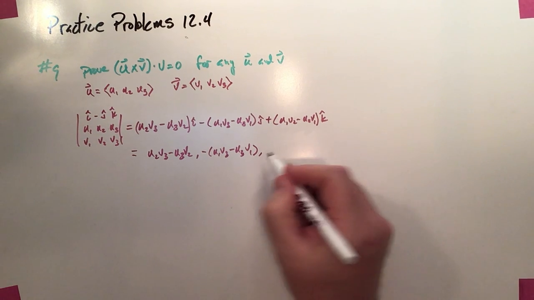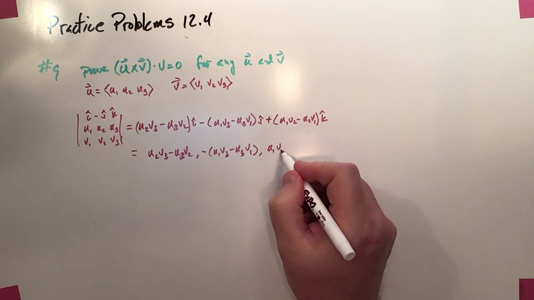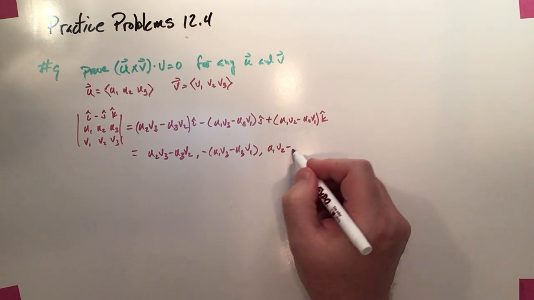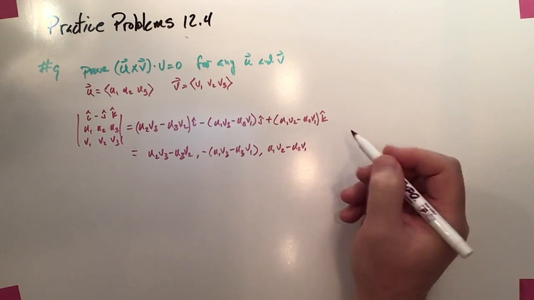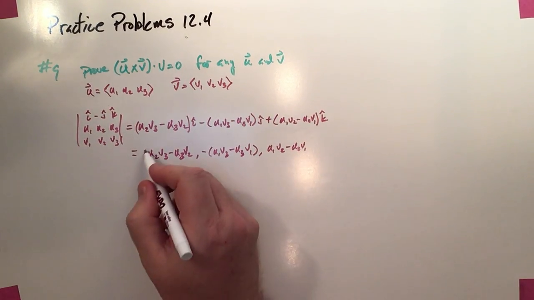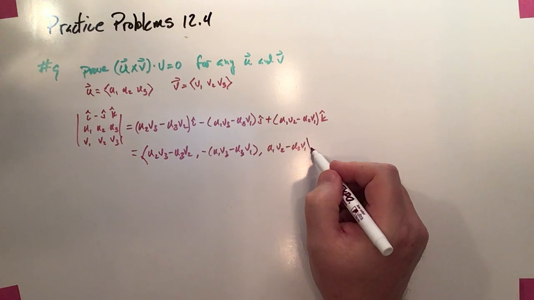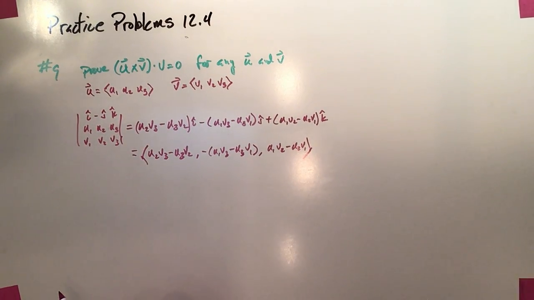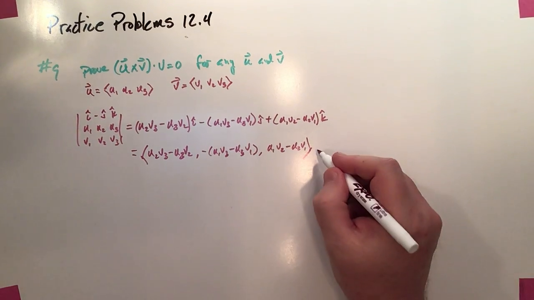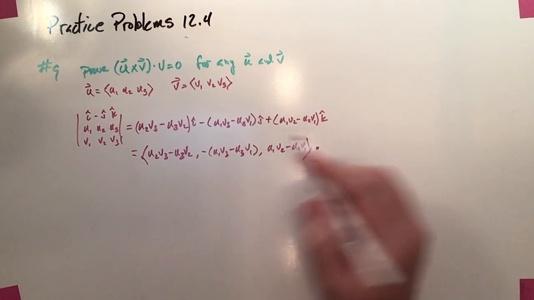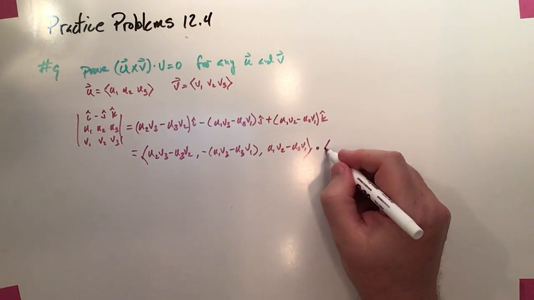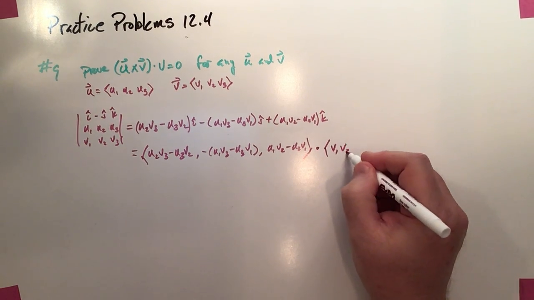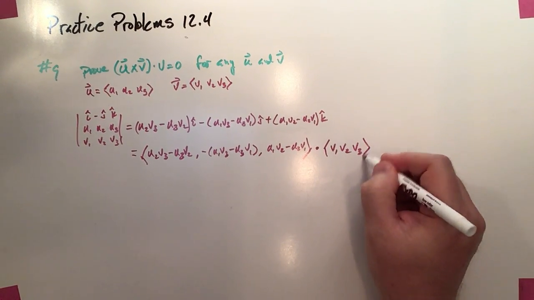And then the third component is going to be u1 v2 minus u2 v1. And that's the vector that represents the cross product. Now we need to dot that with v. So I want to take this and dot it with v, and of course v is just v1, v2, v3.